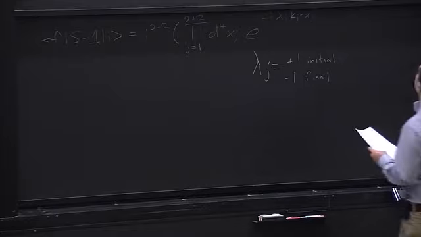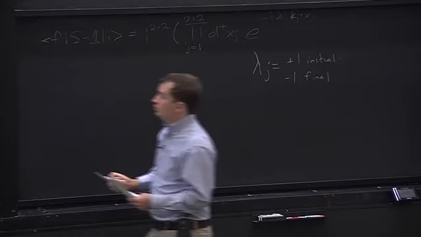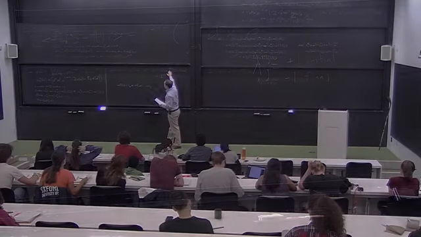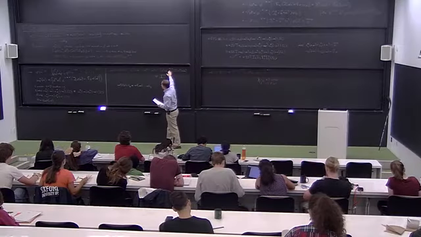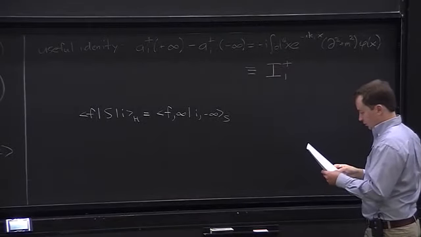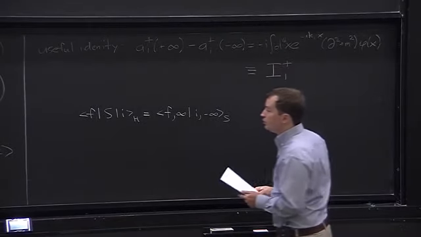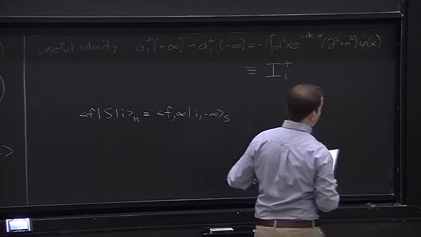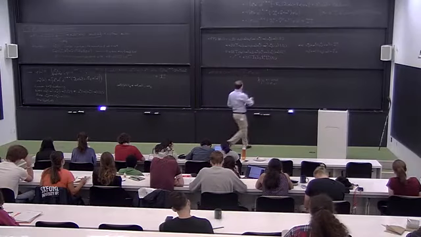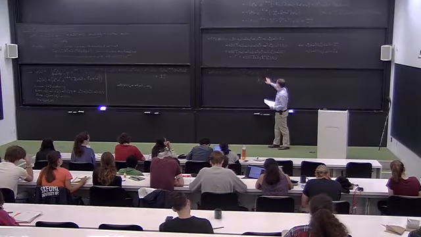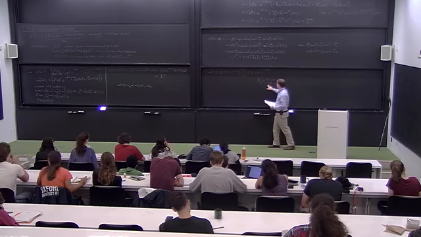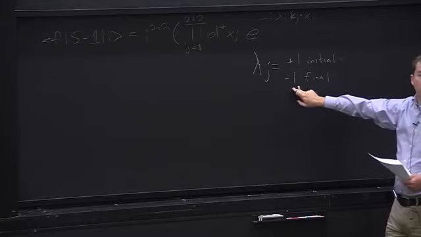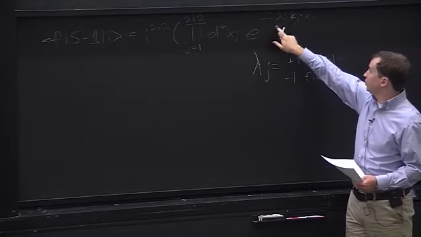So for the I dagger, we've got a minus sign in the exponent, and so that means we should have lambda j equal to 1. I pulled out the minus sign here. And for the particles in the final state, we should have a plus sign in the exponent.